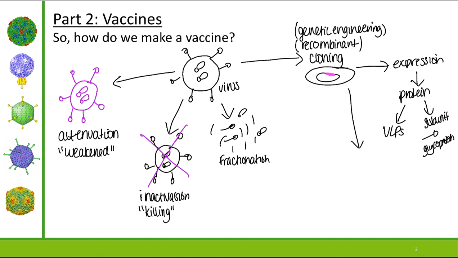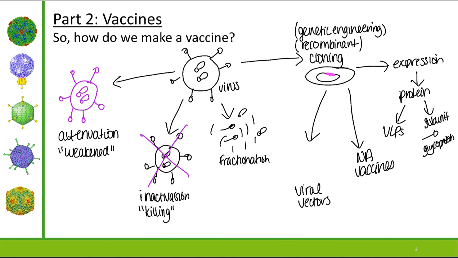We also have what I like to refer to as nucleic acid vaccines. Our textbook calls them DNA vaccines, and many places still call them DNA vaccines. I like to call them nucleic acid vaccines because, as we'll talk about at the end of this topic, you can do a vaccine that is not DNA, that is RNA. So I like to be all-encompassing and not discriminate against my nucleic acids. And then we can also do something called viral vectors.